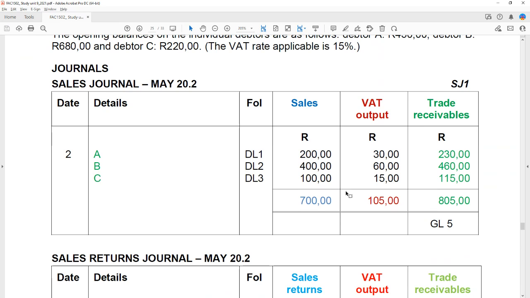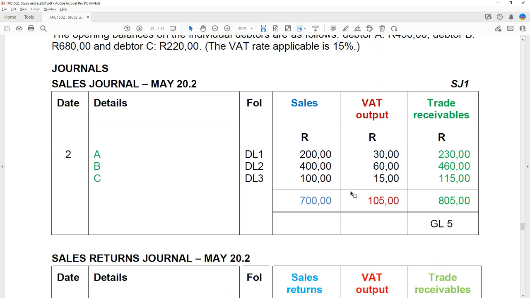But what we're going to record as sales will only be the 700 and then the VAT output of 105 Rand. And that 105, we are then going to pay to SARS because we owe it to SARS. It's not our money. Remember, we just receive it on behalf of SARS. We're doing them an admin duty.